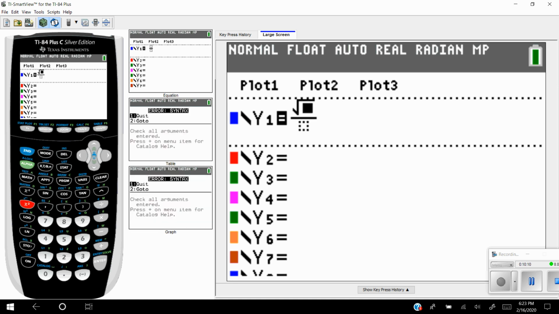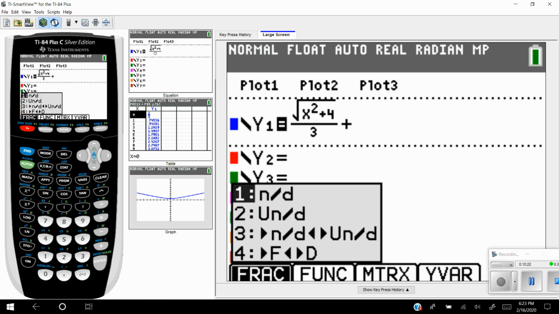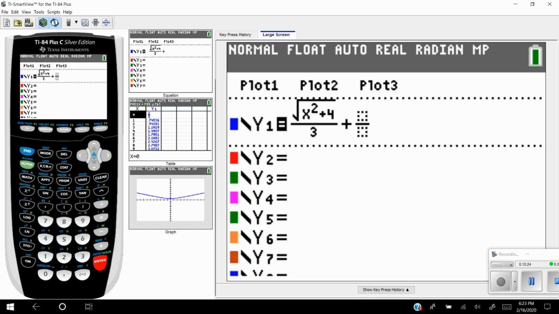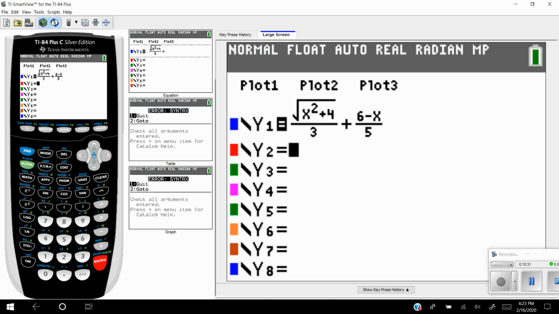So it's going to be square root of x squared plus 4 over 3 plus, and I'm going to grab another fraction here, 6 minus x over 5, and that's my original function.